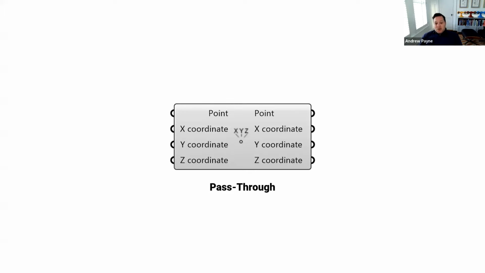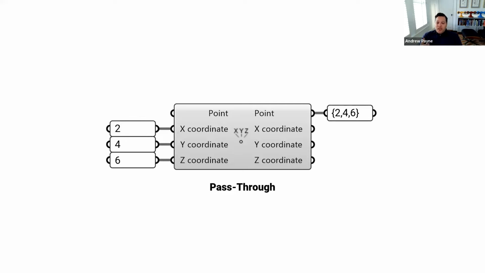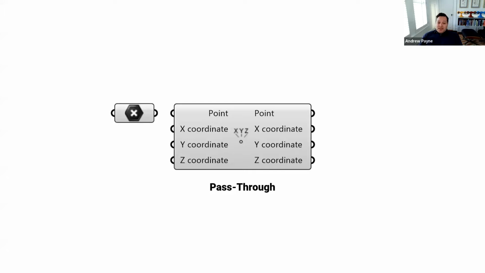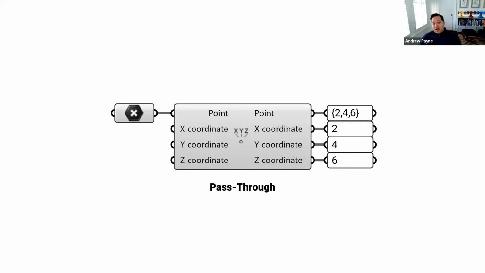So what we decided to do was rethink the overall structure of how these components work, and we're calling these pass-through components. They're pass-through because you can still have the 3 inputs, which let you control the XYZ coordinates and get a point object out. Or you could pass in a point and deconstruct it into its individual elements, so that you pass in a point and have the XYZ coordinates on the output side.